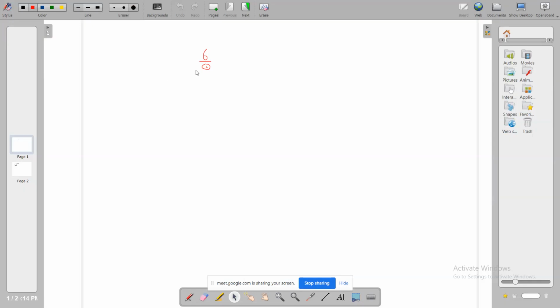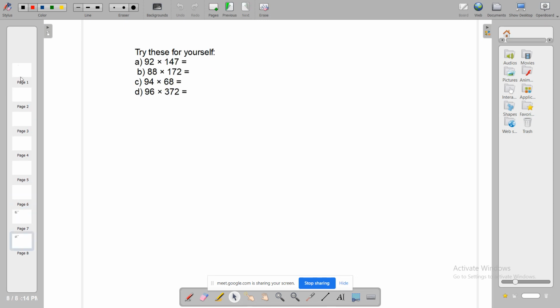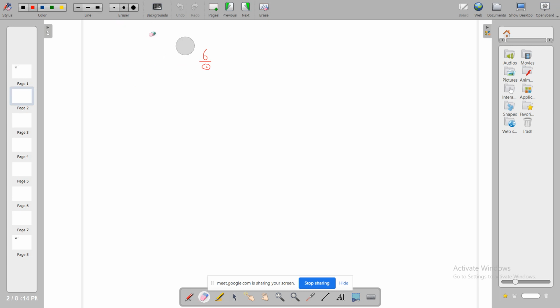Okay, so let me add more pages, I don't want to clean anything. I have a first question that I want us to solve before we move on.